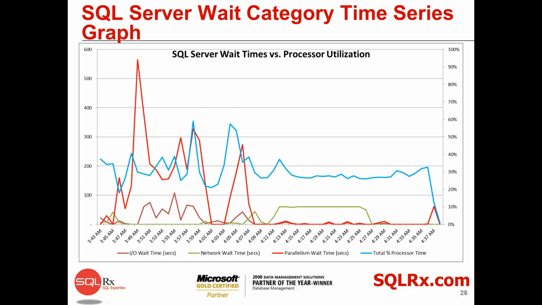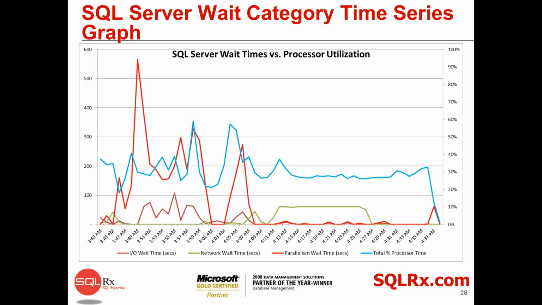Did the processor stop having work to do because things were so tied up in the disk subsystem? In this particular case, we see that the processor dropped, but not significantly, and it still had enough work to do and keep going while the other problems were developing. And that's very important as well.